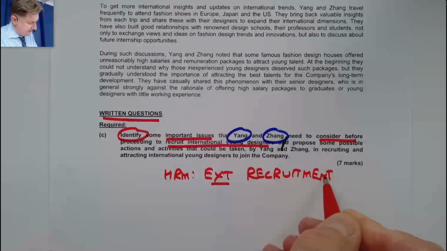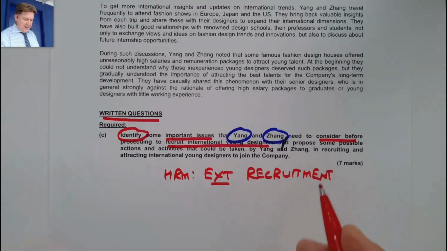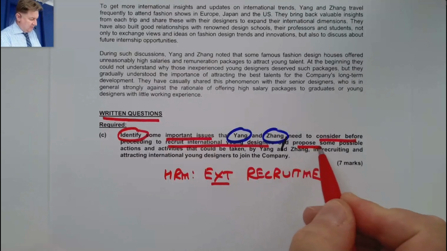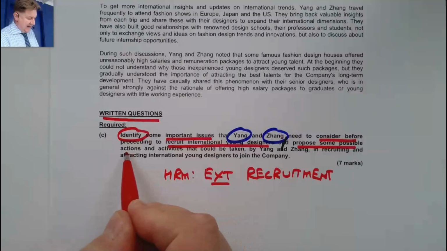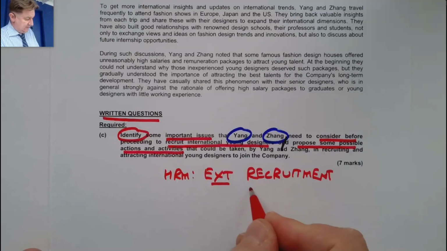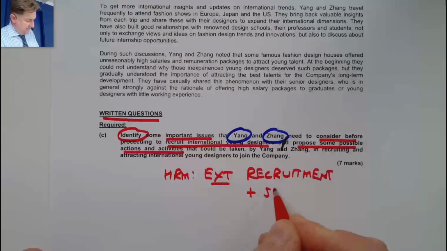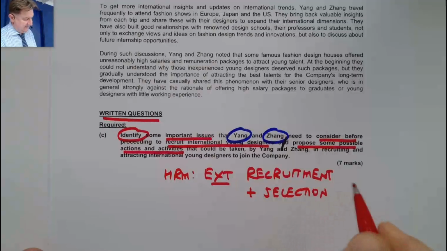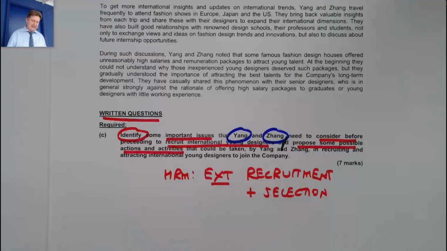It also asks, if we continue reading on, it says, propose some possible actions and activities that could be taken by Yang and Zhang in recruiting these young designers. Well, it's not just about recruitment. If we've got lots and lots of candidates, our activities, our actions, we can also be thinking about things like selection as well.